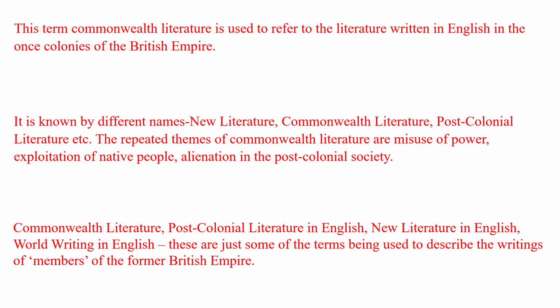Now, this Commonwealth literature is known by different names. It is called new literature, Commonwealth literature, post-colonial literature, etc. The repeated themes that we see in Commonwealth literature are misuse of power, exploitation of native peoples, alienation in post-colonial society.